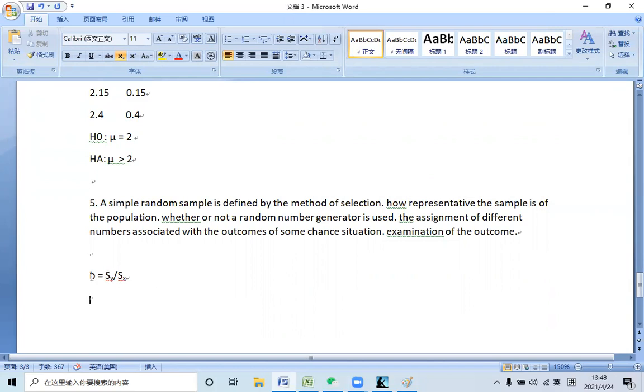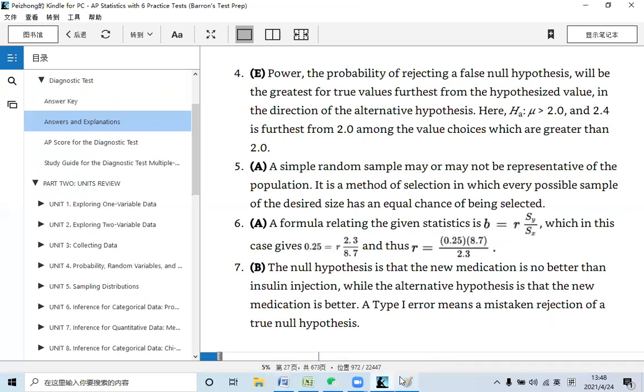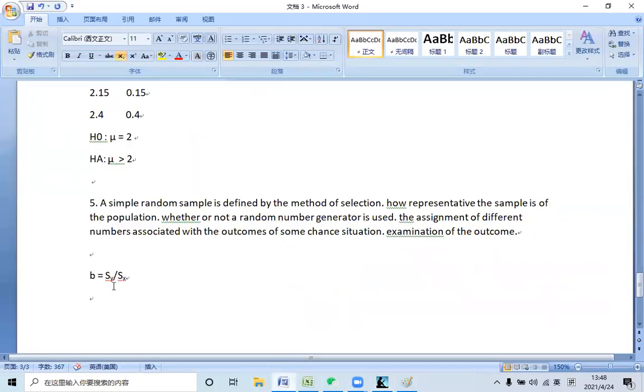Yeah, this is a formula for getting B. And you times it with R, the correlation coefficient. That's where the correlation coefficient comes from.